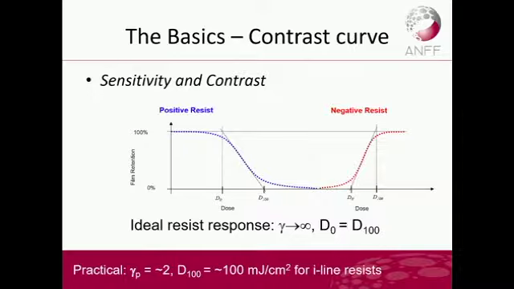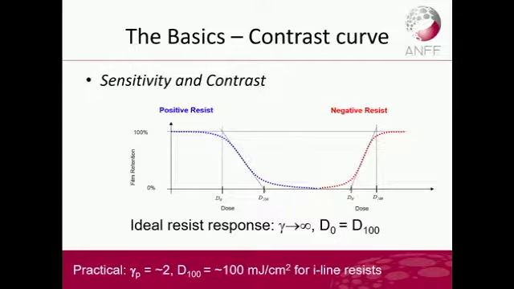By looking at both positive and negative resist together, you can see the contrast curves look totally opposite. Ideally, the best resist should have infinite contrast, meaning that as soon as you reach the dose, the film is totally removed. It should have the same dose for clearing and the same dose for remaining films, but it doesn't really exist.